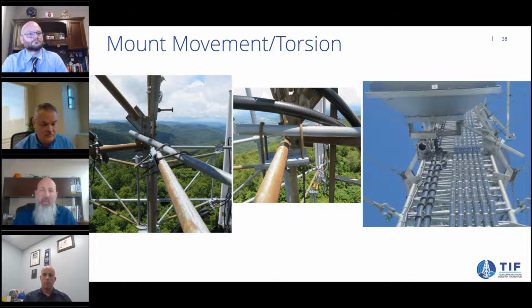This type of microwave antenna, that inboard side strut can see forces up to 1,400 pounds. In the event a straight line wind would happen, and that microwave antenna gets removed from its azimuth and we drop link, now we're not just talking about one site that's potentially impacted.